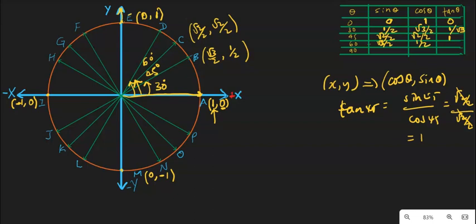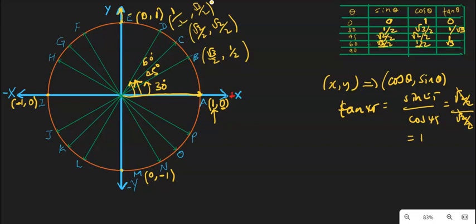So tangent of 60 degree will be the square root of 3. Alright, so sine of 60 degrees is square root of 3 divided by 2, and cosine of 60 degrees is half, 1 over 2.